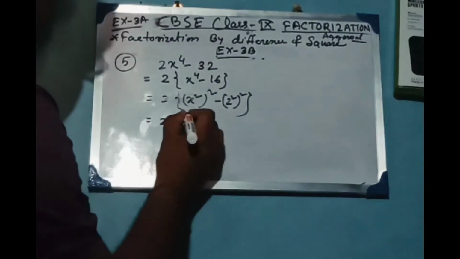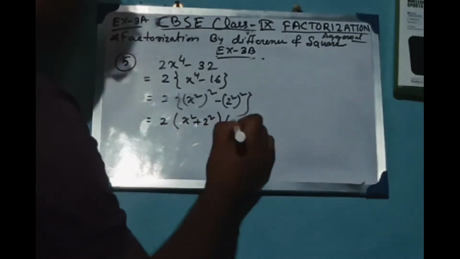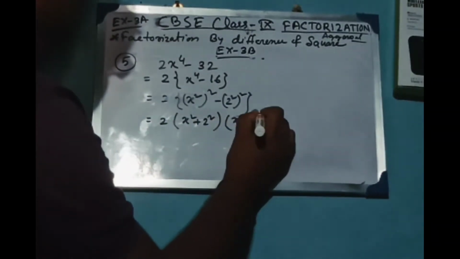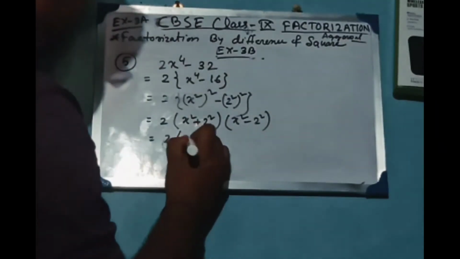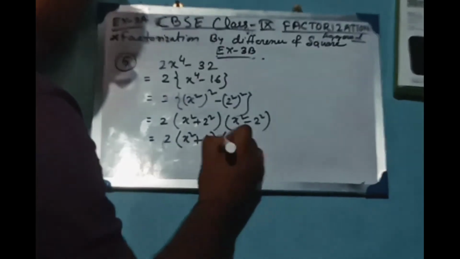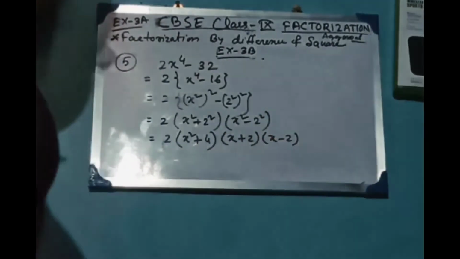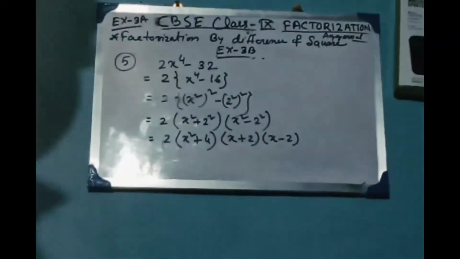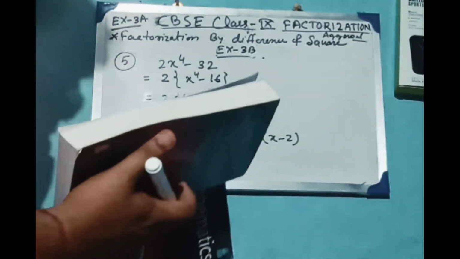Now this is equal to 2 into (x square plus 2 square)(x square minus 2 square), which is 2(x square plus 4)(x plus 2)(x minus 2). So this is the solution of 2x to the power 4 minus 32. Next, come to another question.